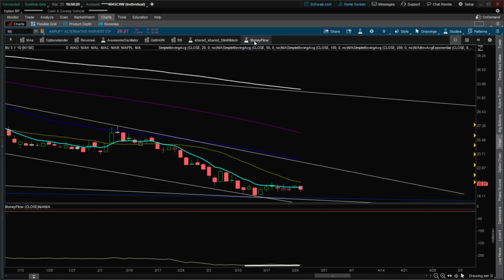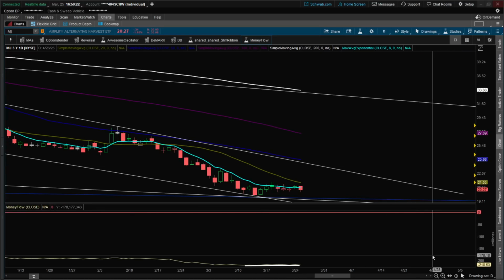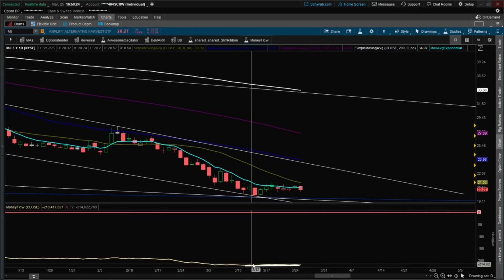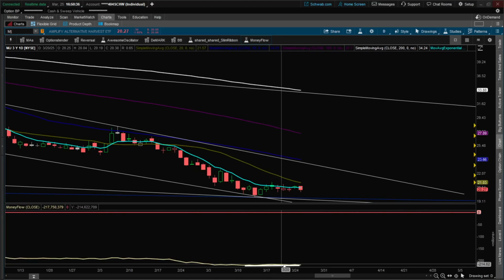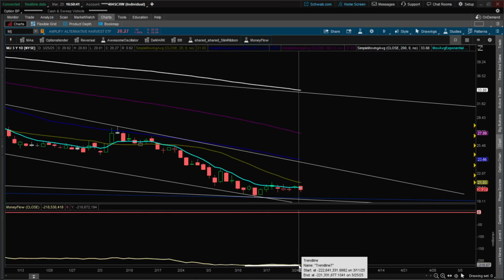And then we always love this money flow because it involves volume as well. It's very hard to see, but I already checked the prices. Negative 220 right there is the lowest point. And we haven't seen that low again. So we have positive divergence here.